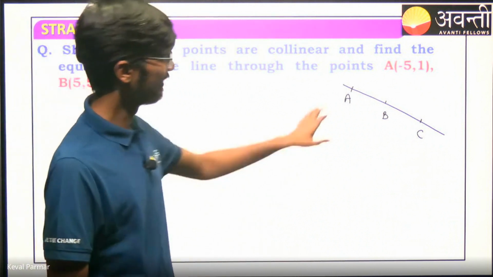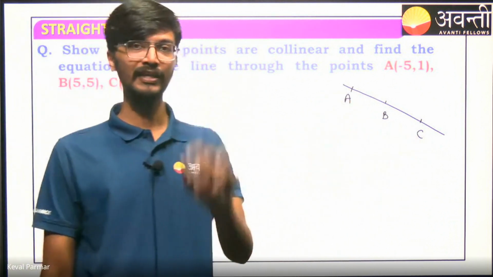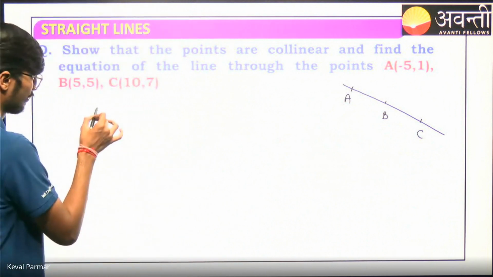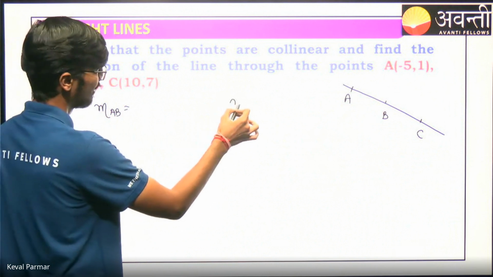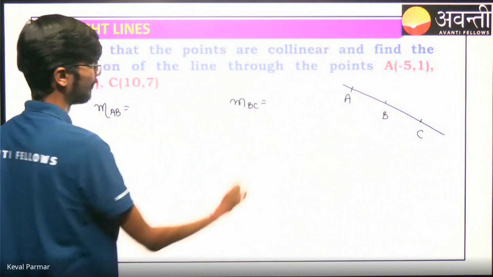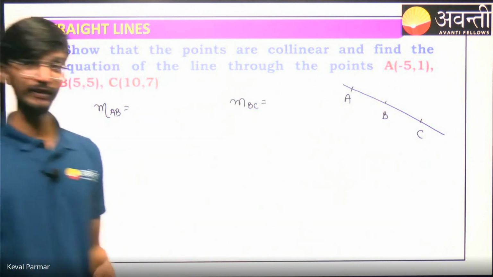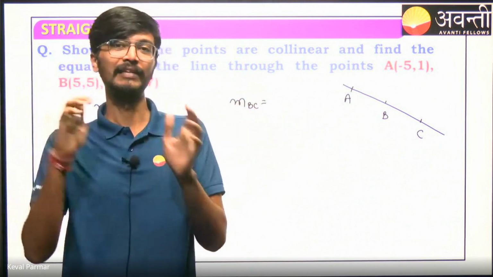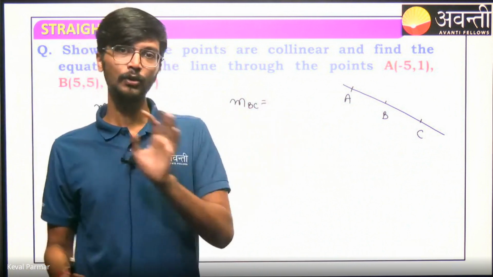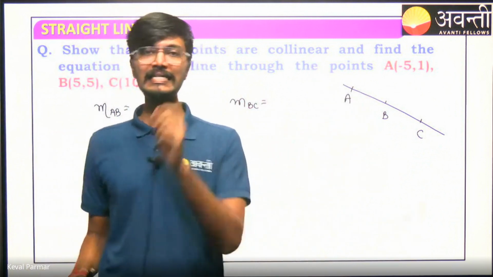If these points lie on the same straight line, that means the slope of AB should be equal to the slope of BC. And if we get the slope of both the line segments the same, then we can say these 3 points are collinear. That means they lie on the same line.